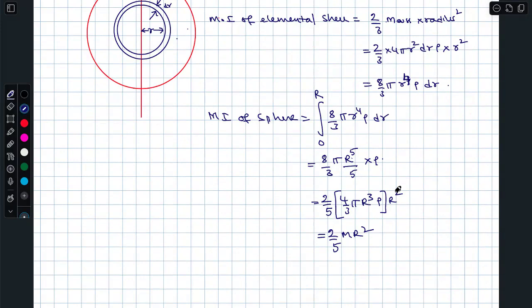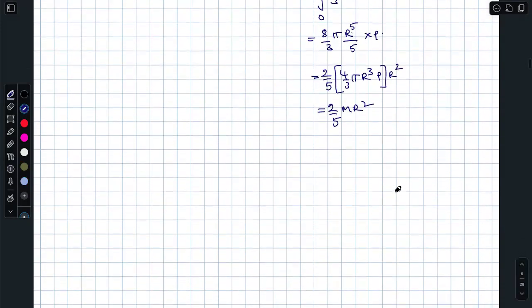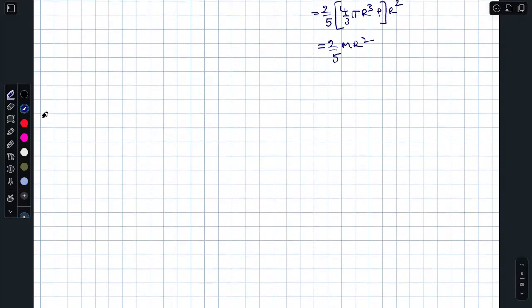Similarly, you will derive the moment of inertia of a cylinder also. Moment of inertia of a solid cylinder.